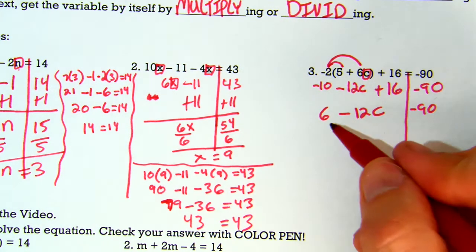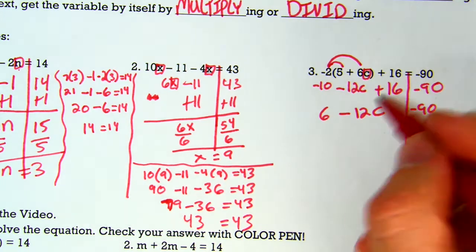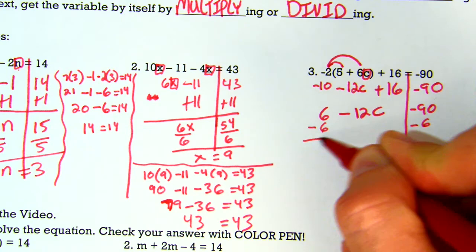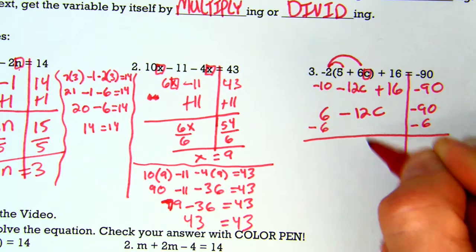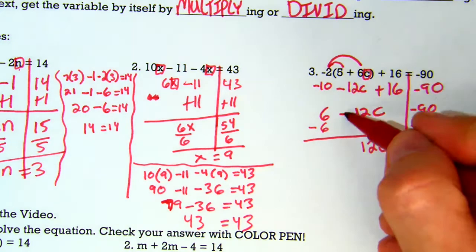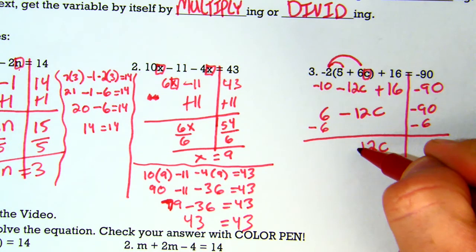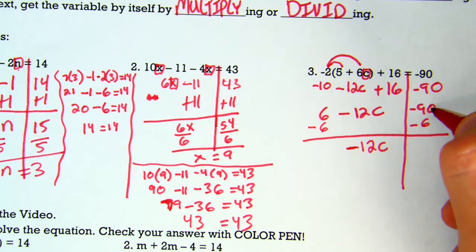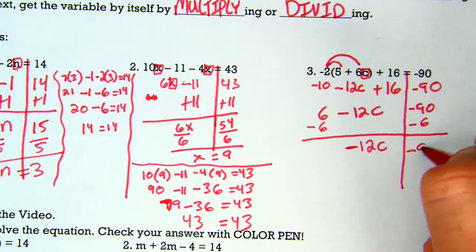Now I'm going to go ahead and get rid of my number. The opposite of a positive 6 is negative 6, so I'm going to subtract 6 away. Bring down my symbol too. I don't want to bring down just 12c. I want to make sure that symbol in front of it comes down with it, especially because it's a negative or a subtraction symbol. Negative 90 minus 6 is a negative 96.